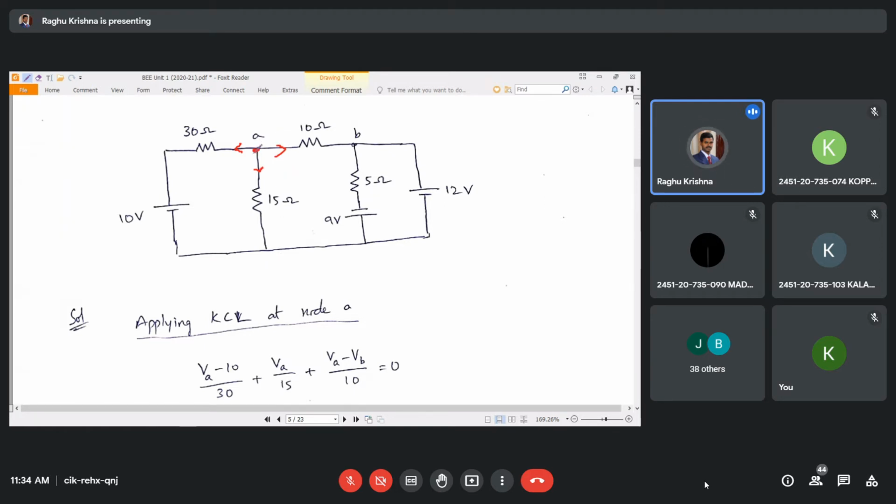Here the current is flowing like this. So VA minus 10 by 30 is the current flowing through this branch.